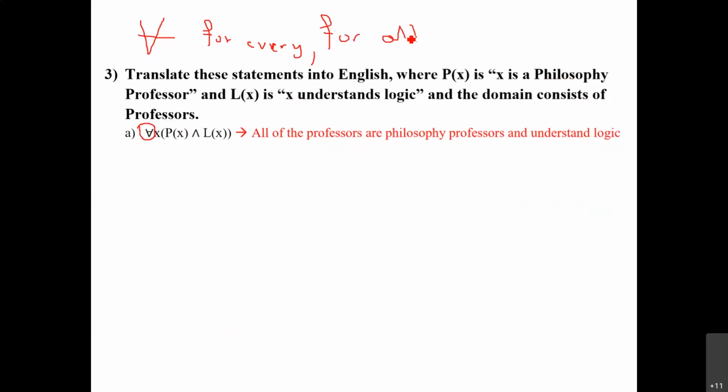For every professor that we have in our domain, this is going to be true. So P of X means he's a philosophy professor and understands logic. So simply, all professors are philosophy professors and understand logic. So if you're a professor, then you are a philosophy professor and you understand logic.